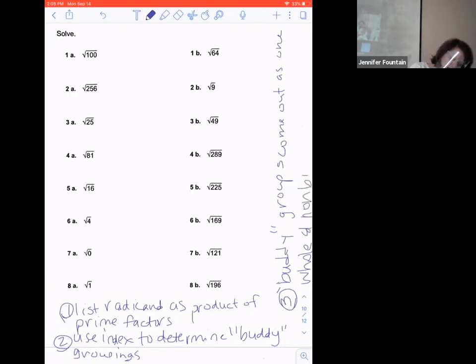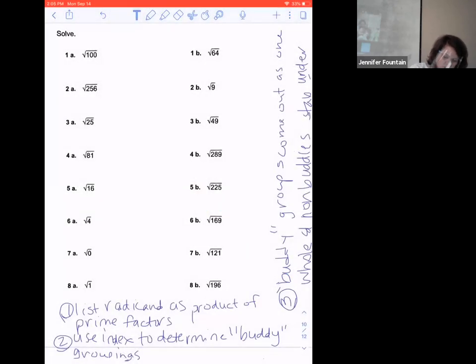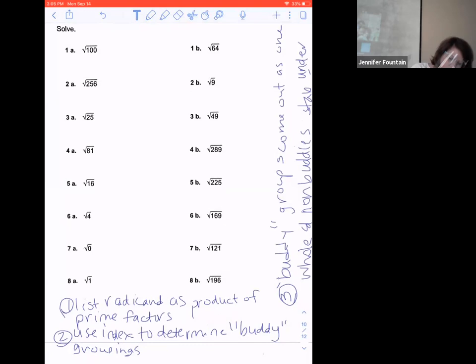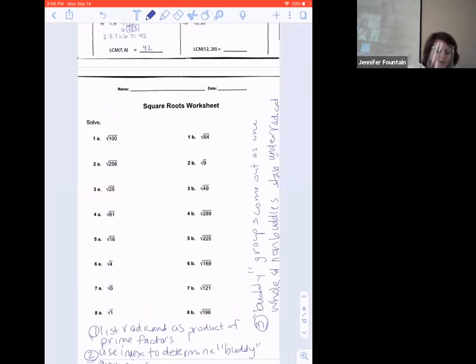and non-buddies stay under the radical. If I have more than one buddy group that comes out, I multiply those together.